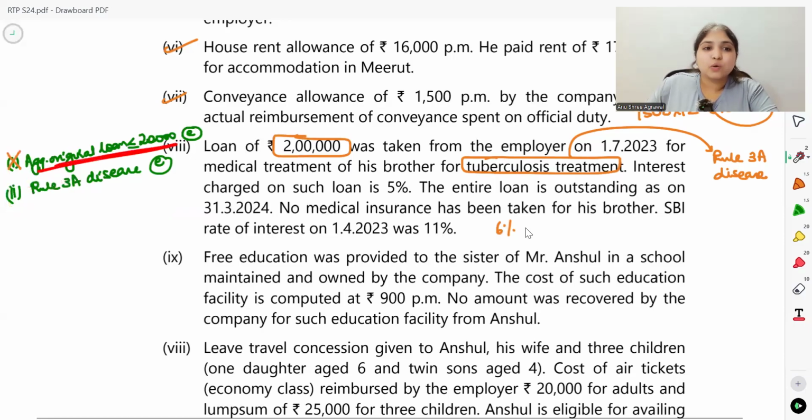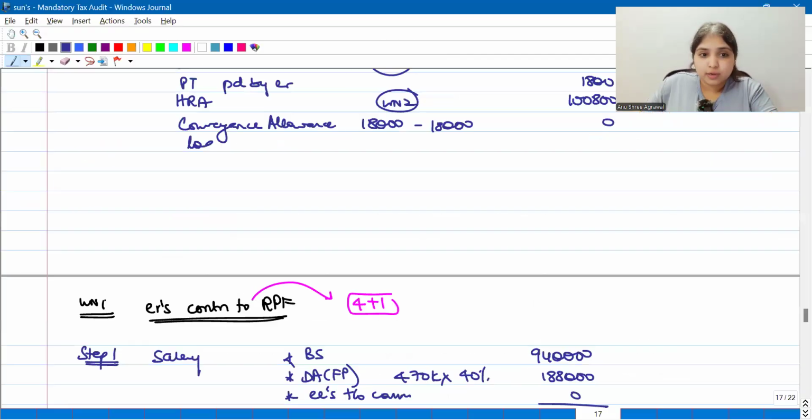Either the aggregate original loan is within 20,000 or it is for Rule 3A disease. Any one fulfilled, it will be exempt. Here it is for medical treatment of Rule 3A disease, therefore it is fully exempt. Alright, so we have loan at concessional rate of interest. It is for medical treatment of Rule 3A disease, therefore it is fully exempt.